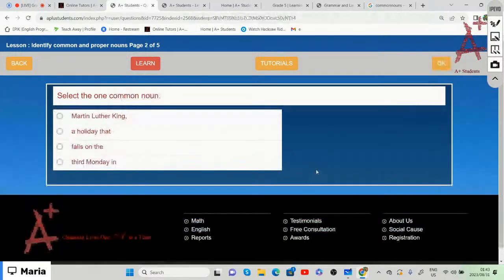All right. So now we need to select one common noun within the sentence. Martin Luther King, a holiday that falls on the third Monday in. We need to select the common noun within the sentence.